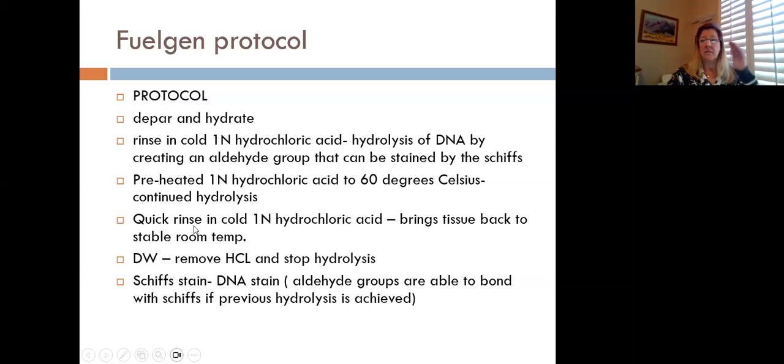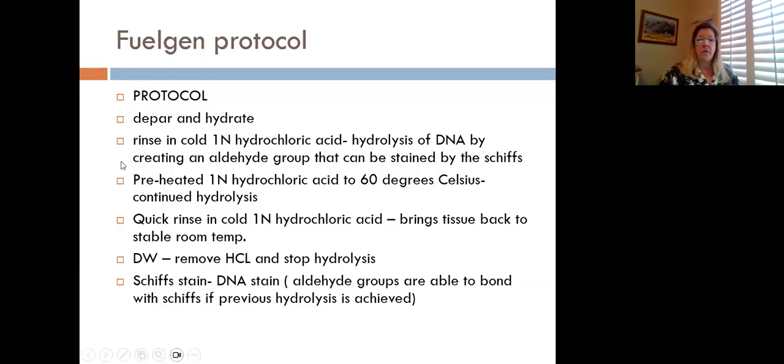And it's going to stabilize it back down to room temperature. When you look at all of this, it can be eliminated by just simply having a 5-normal hydrochloric acid and putting your slide in there for a little bit longer. Okay.